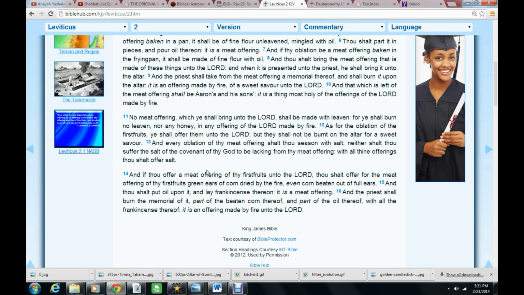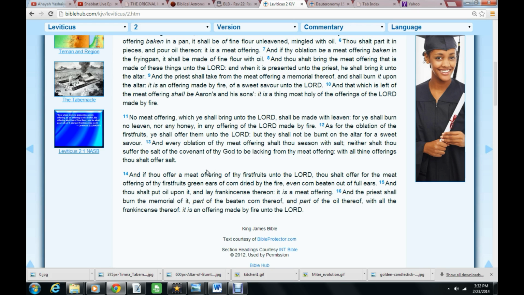No meat offering which ye shall bring unto the Most High shall be made with leaven or yeast. For ye shall burn no leaven, yeast, nor any honey, in any offering of the Most High made by fire. As for the oblation of the first fruits, ye shall offer them unto the Most High, but they shall not be burnt on the altar for sweet savour.